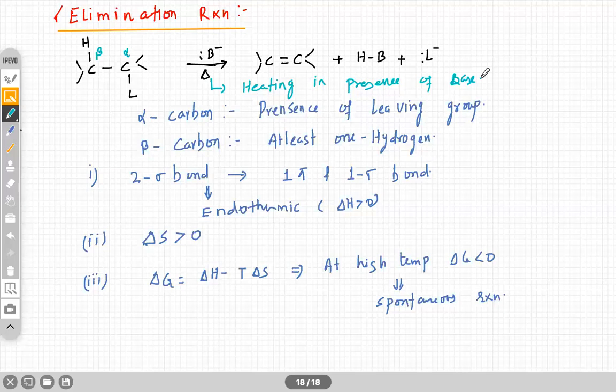You haven't done delta S, delta H, delta G, we'll do this in the thermodynamics chapter, so you don't have to bother with it. Just understand that high temperature is required for elimination reaction. That is the point here. Now these elimination reactions are of different types.